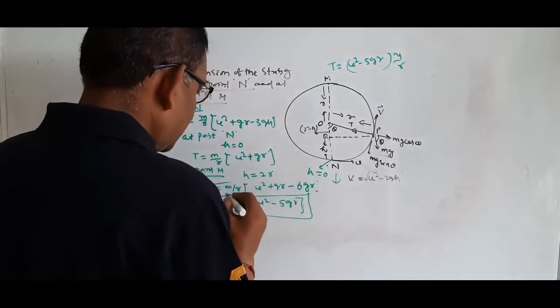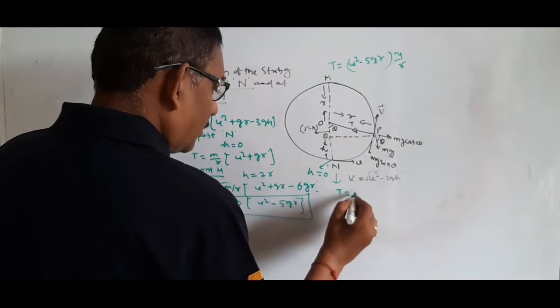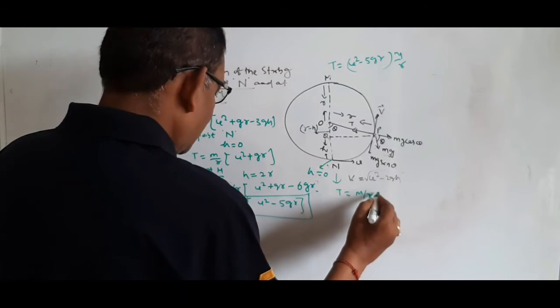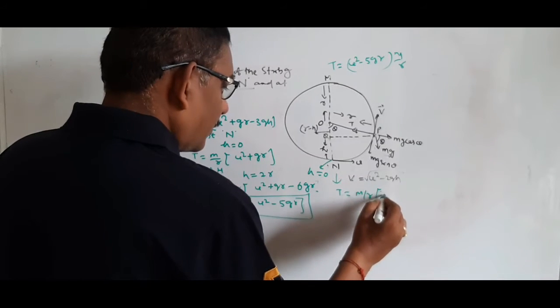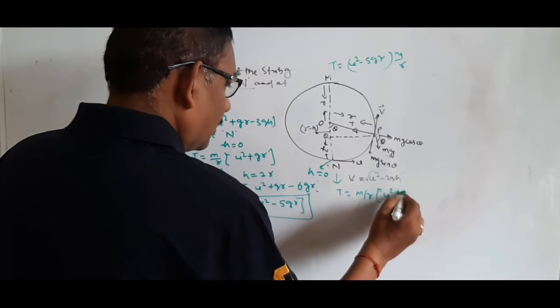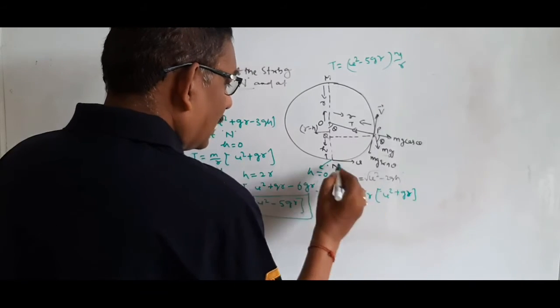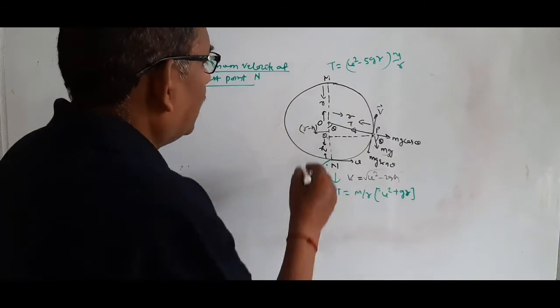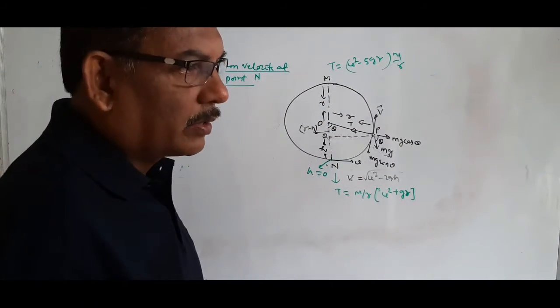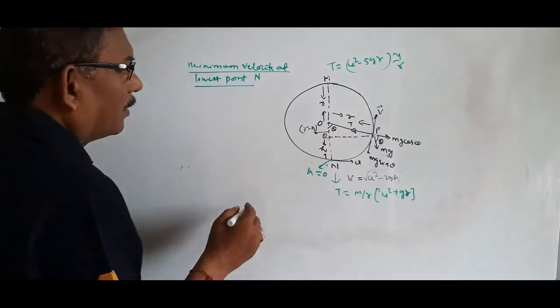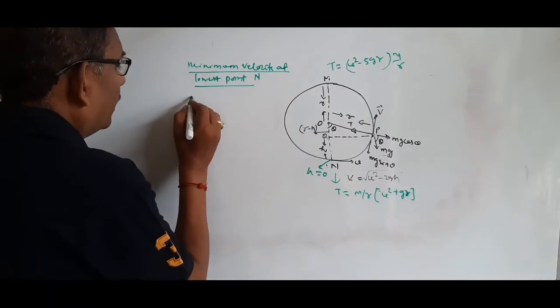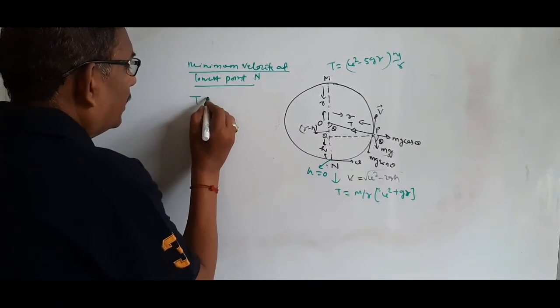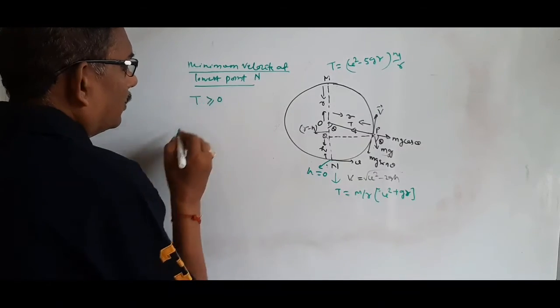And at the lowest point, the tension is m by r times u square plus gr, because h equals 0 here. Clear? The body will cross the highest point M without slacking if the tension at the highest point is greater than or equal to 0.